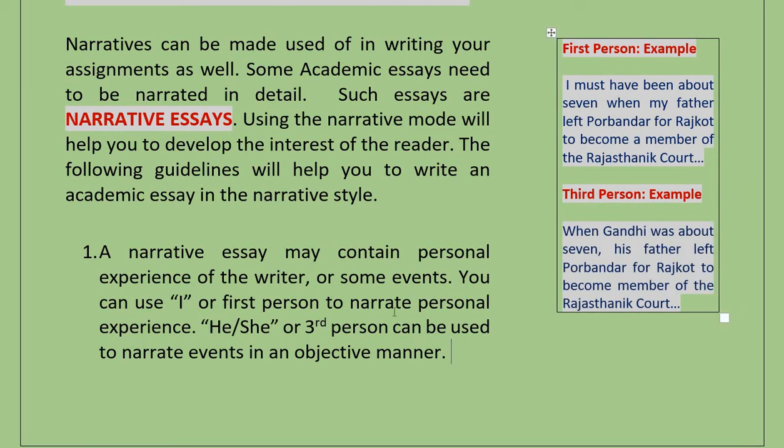So remember the first guideline. A narrative essay may contain personal experience of the writer or some events. You can use I or first person to narrate personal experience. He or she or third person can be used to narrate events in an objective manner.